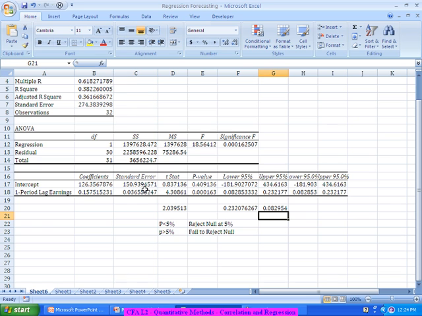So there are 3 ways to test whether I should accept or reject the null hypothesis. One is using the t statistic, one is the p value, one is your interval. If the interval contains a 0, I will go with the null. If the interval does not contain a 0, I will go with the alternate, which means I will reject the null.